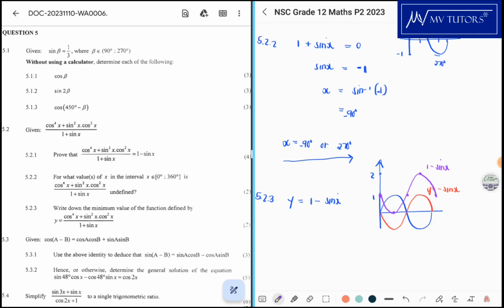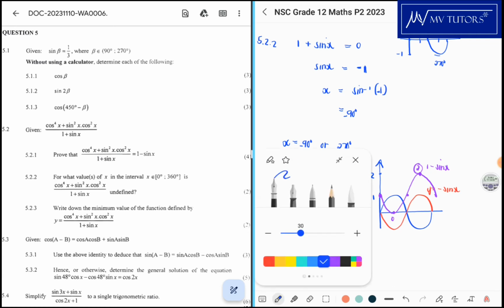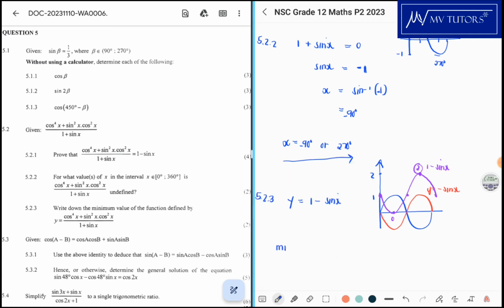So what are they asking us again? They're saying what is the minimum value for that function. So we can see our maximum value here is 2 and our minimum value here is 0. Okay, so let's go back and write down the answer, and we can say minimum value is actually 0. All right, I hope you understood that.